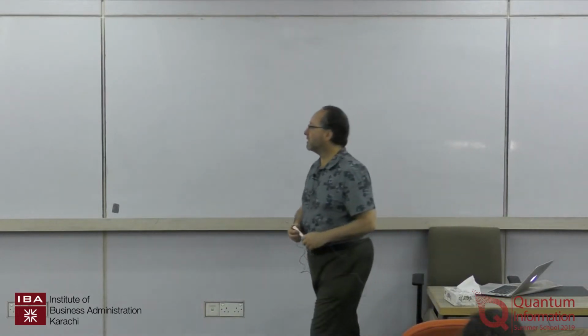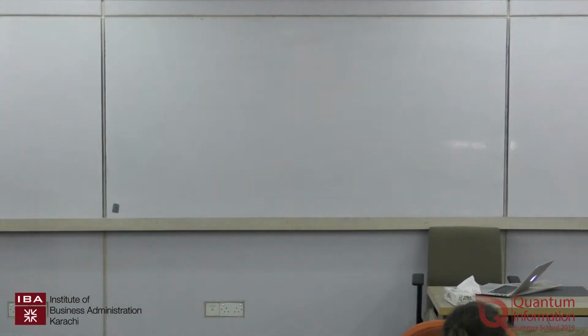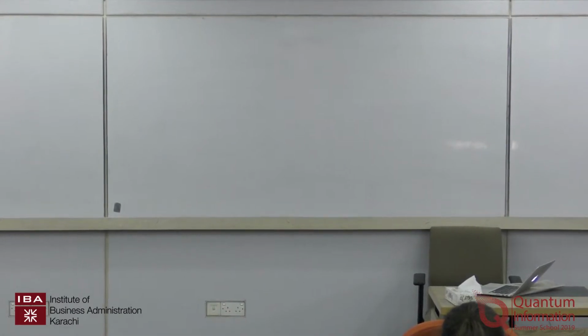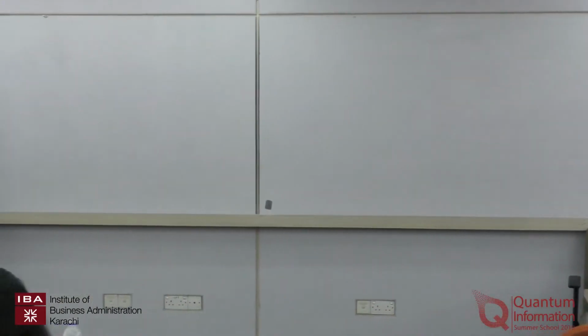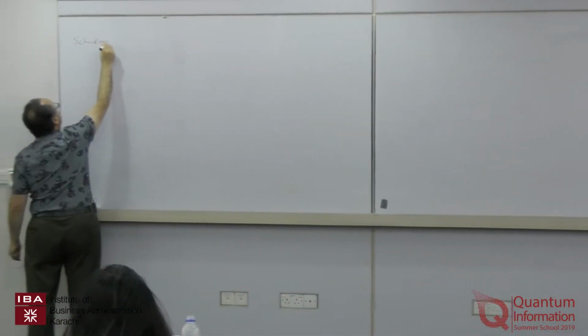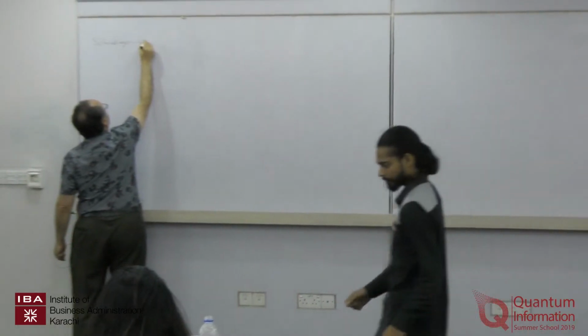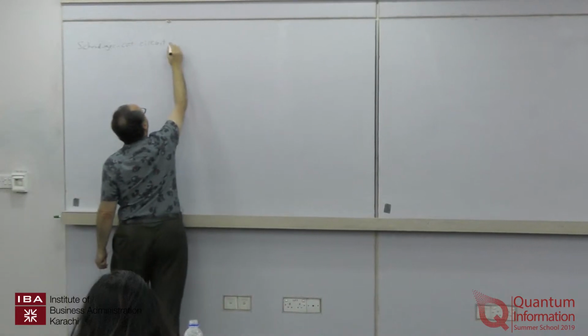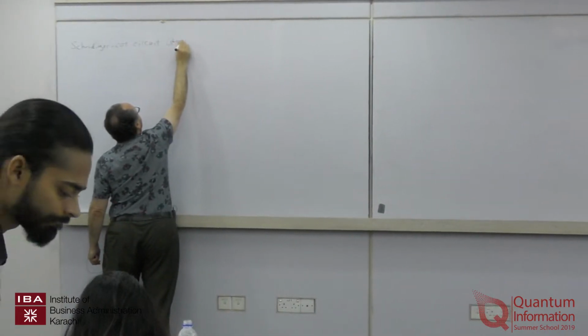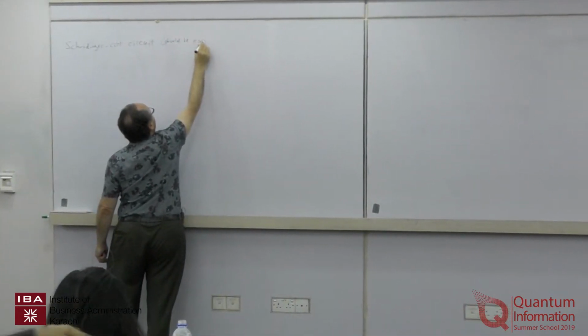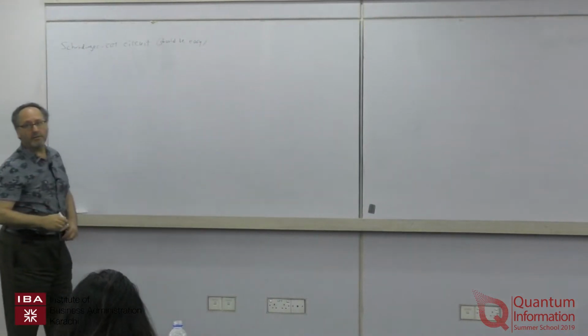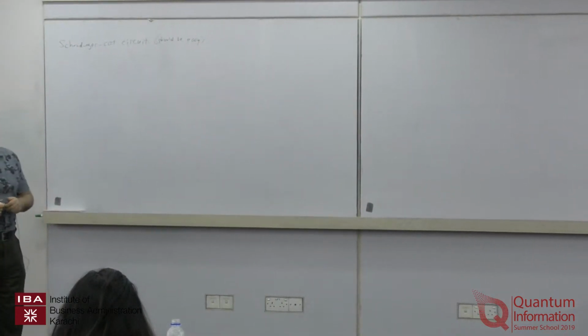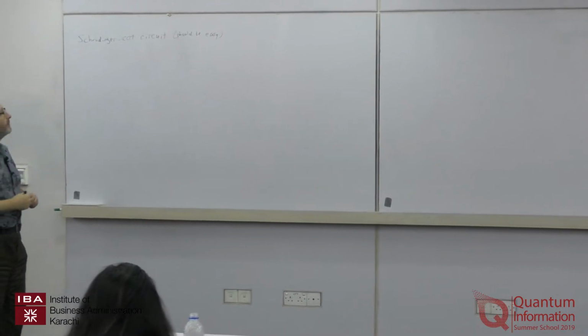Okay, so the first thing, let's just go through the Schrödinger cat case to start with. This should be easy. All right, so I covered that in class, so this is just a good warm-up.